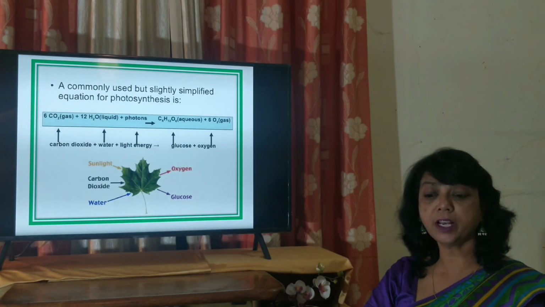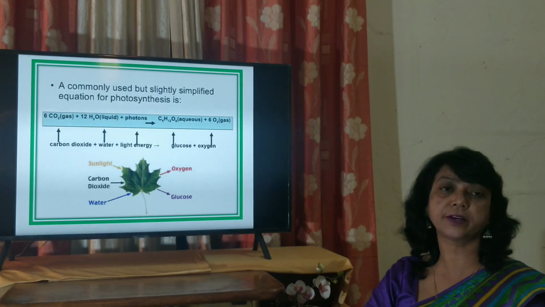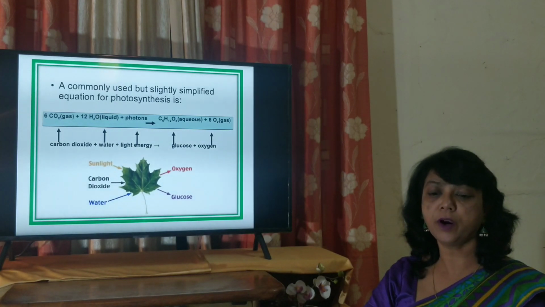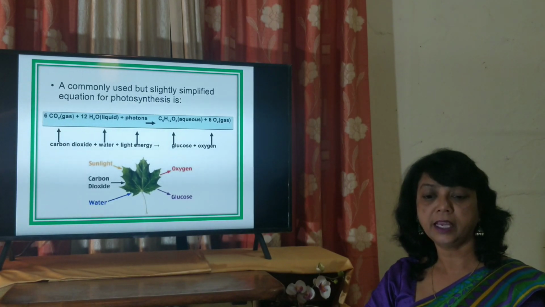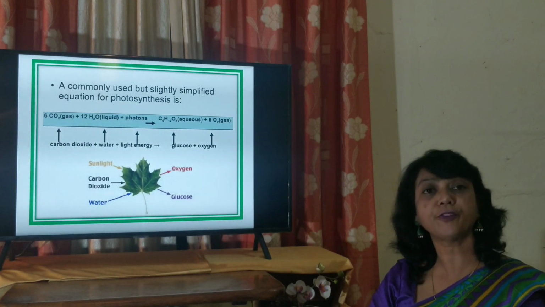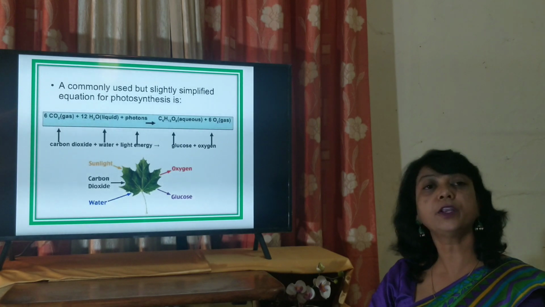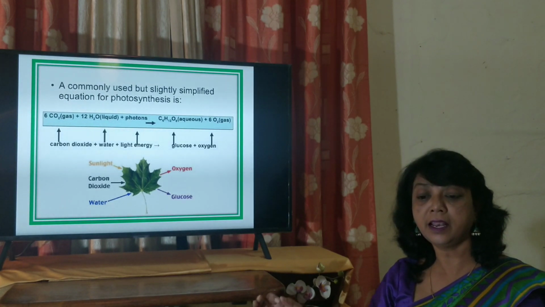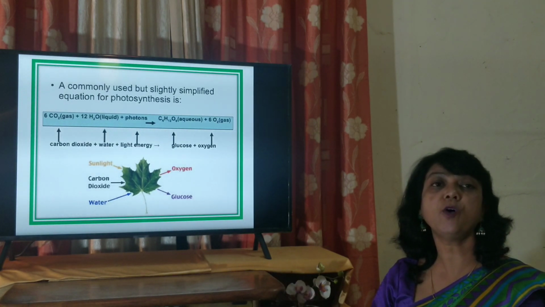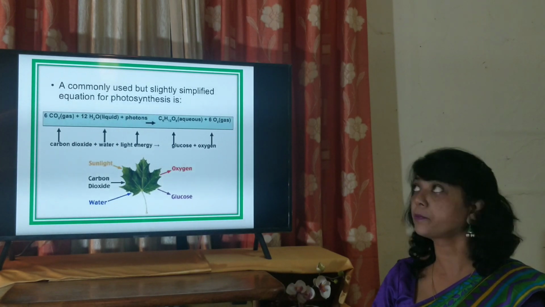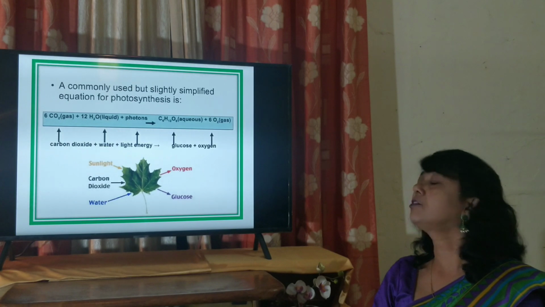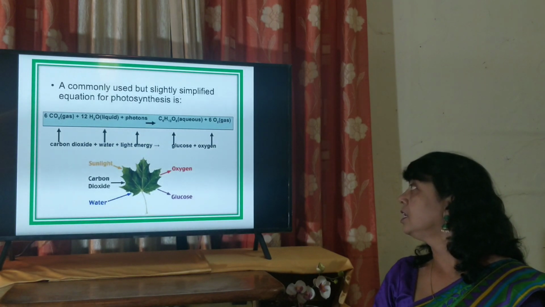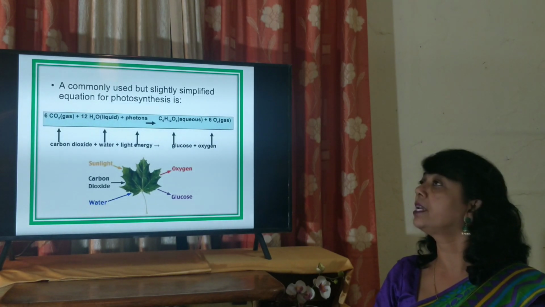Actually, a photon is the smallest discrete amount or quantum of electromagnetic radiation. It is the basic unit of all light, or you can say that light is a flow of photons. C6H12O6 is the formula for glucose, and O2, of course, we know is oxygen.